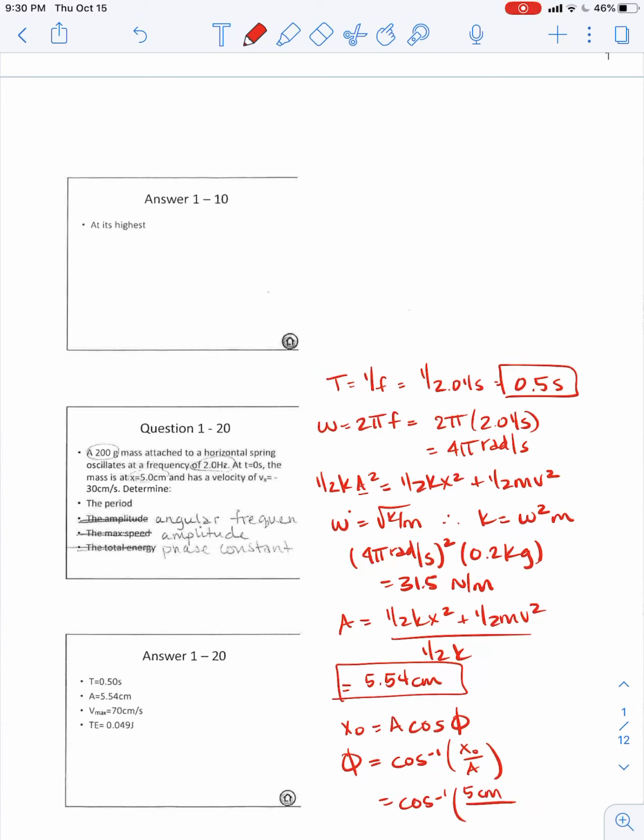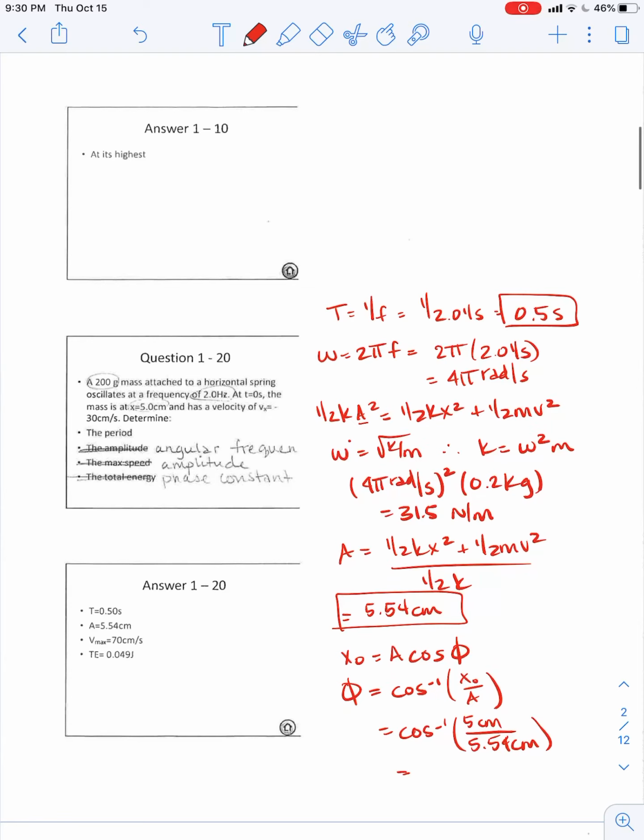It was 5 centimeters divided by your amplitude, which is 5.54 centimeters, which ends up giving you about 0.445 radians.